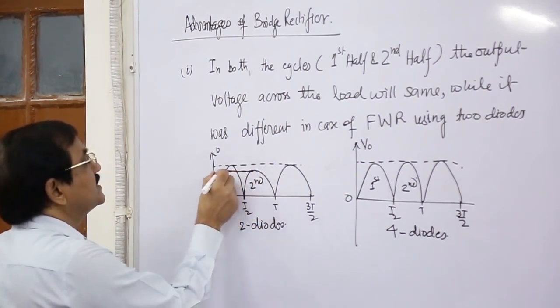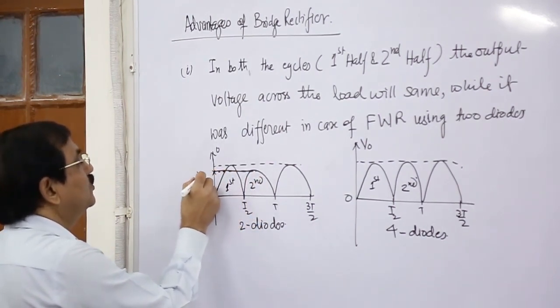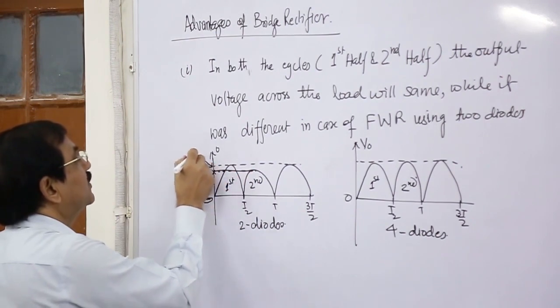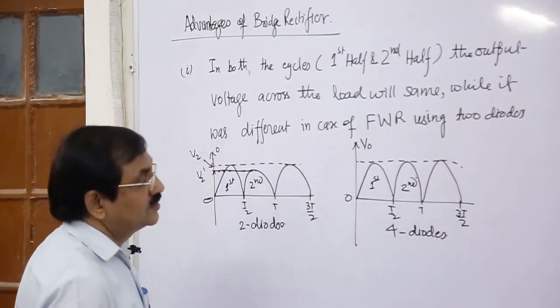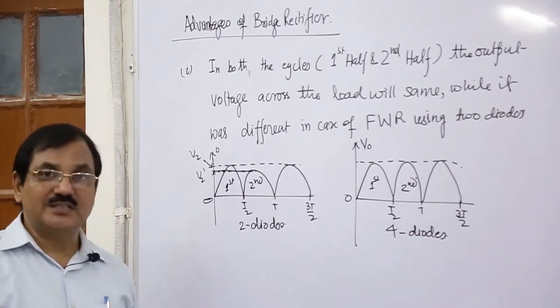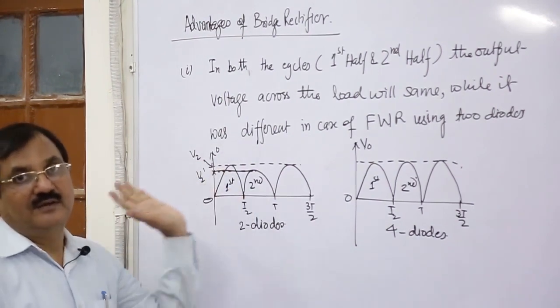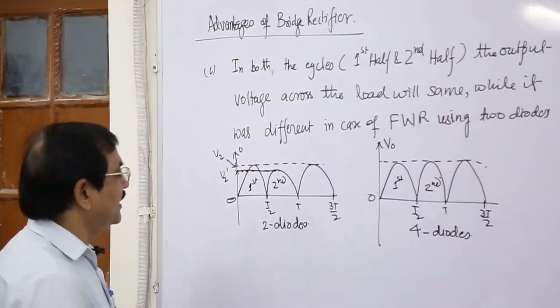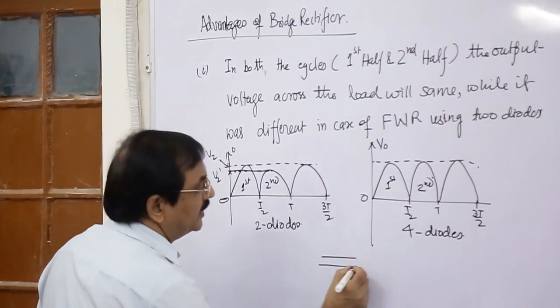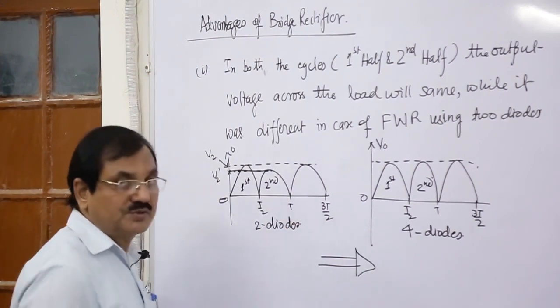So this voltage corresponds to P2 dash, this corresponds to B2. So this one is the biggest advantage of the bridge rectifier, and due to this shortcoming, the bridge rectifier is used.